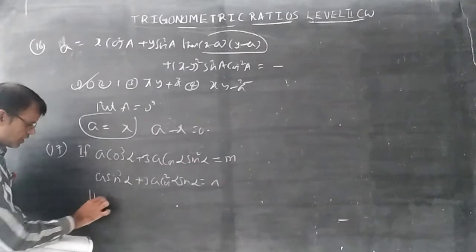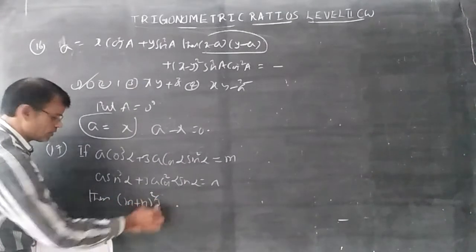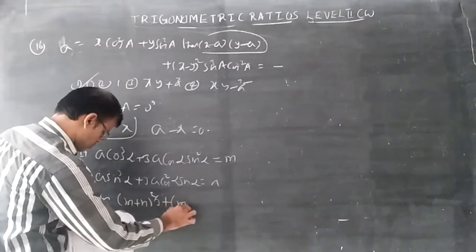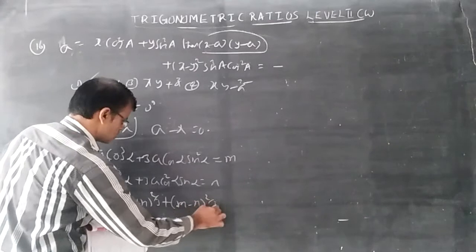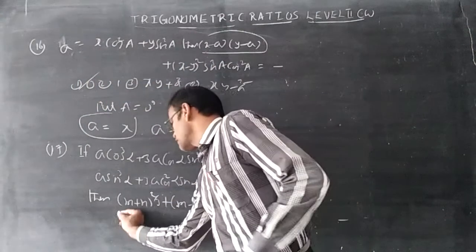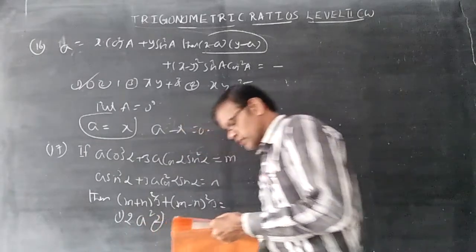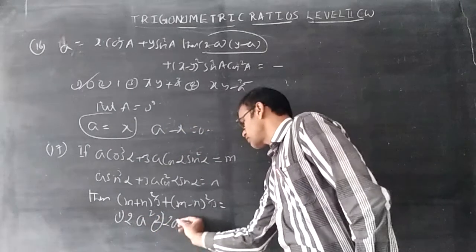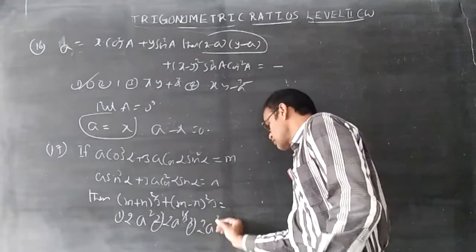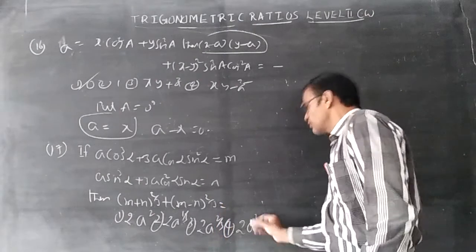Then we should calculate the value of (m plus n) whole power 2 by 3 plus (m minus n) whole power 2 by 3 is equal to dash. The options: first option 2a square, second option 2a power 1 by 3, third option 2a power 2 by 3, and fourth option 2a cube.